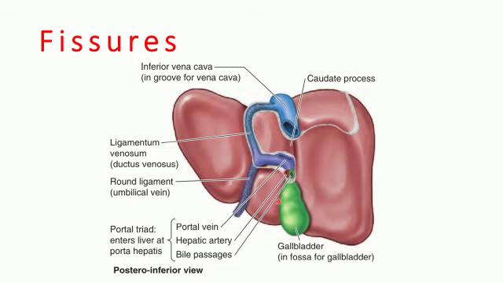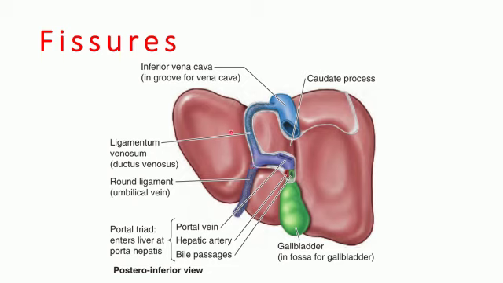The right limb of the fissure includes the groove for the inferior vena cava and the fossa for the gallbladder, whereas the left limb includes the fissure for the ligamentum venosum as well as the ligamentum teres.